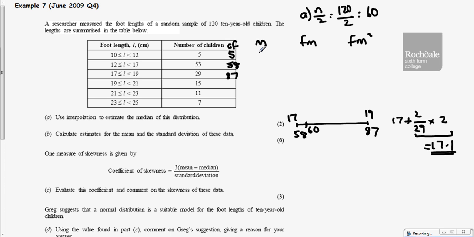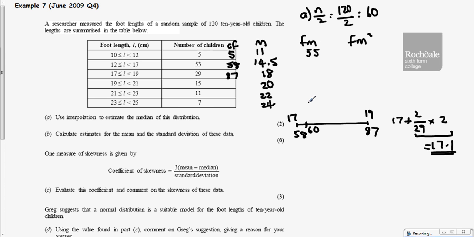I'll work out the midpoints with you, and then I'll just give you the totals for these and check that you can get those yourself. So the midpoints, I think, are 11, 14.5, 18, 20, 22, and 24.